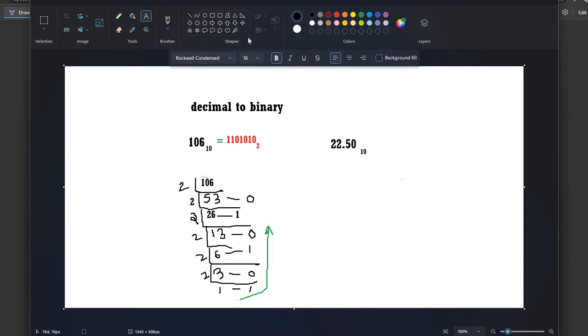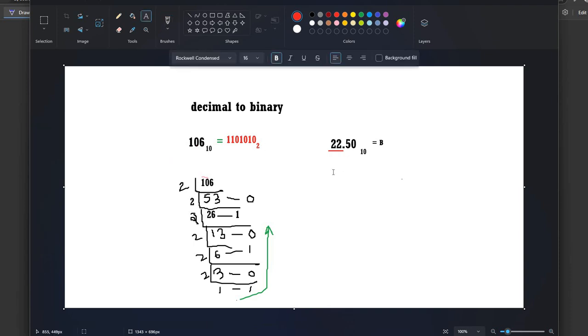This is a decimal number, we need to convert it into a binary number. How will you do that? First of all we will convert the first part, 22, as we have converted it here. Just as we converted here, we will convert the 22 part.